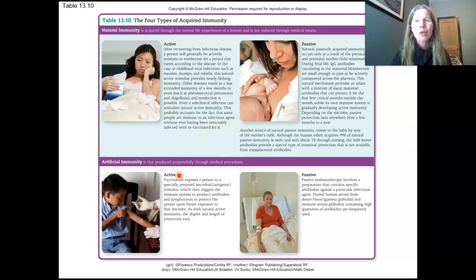This is super cool, like a medical miracle, right? We've eradicated smallpox. We've almost eradicated polio. We'll talk more about vaccines. Okay.